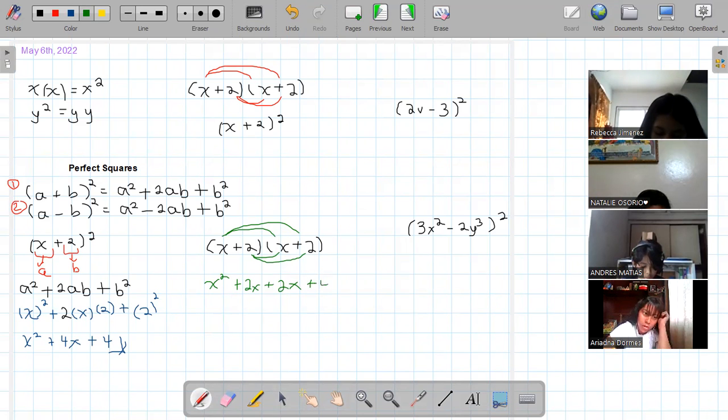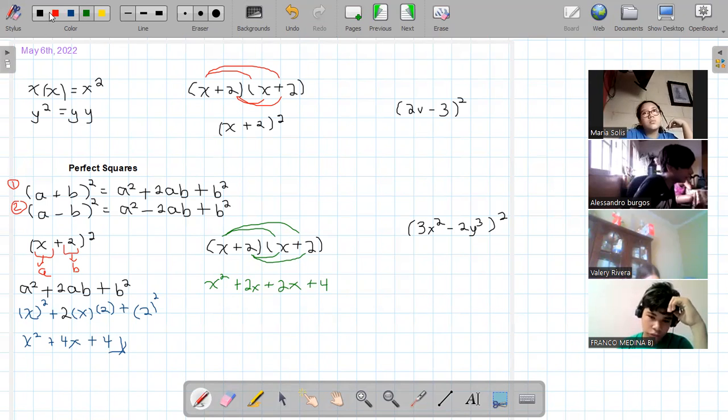Now we know that every single time that we have binomials that have exactly the same exponent, the middle terms are like terms. So I'm going to simplify that, and I get x squared.